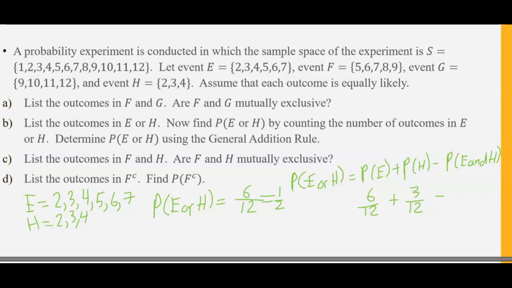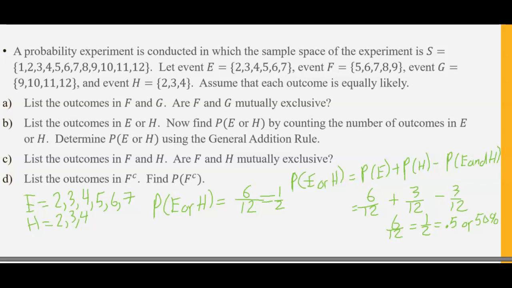What's in common is the numbers 2, 3, and 4, so they have 3 things in common. So we're going to take away 3/12. When we put those numbers together, we get 6/12 again, which is the same thing as 1/2, 0.5, or 50%.